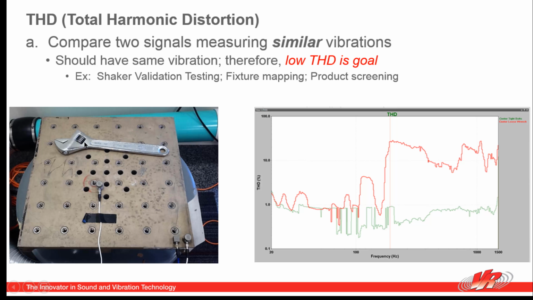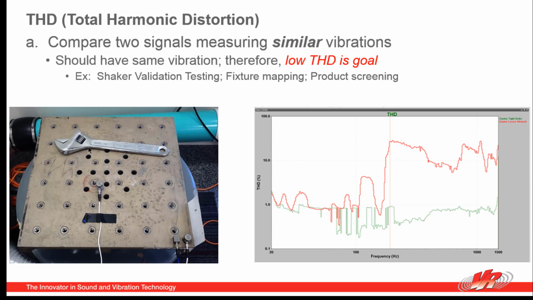But when I put the wrench on the head expander, then the wrench vibrated and bounced around, and that would be analogous to having a loose bolt, let's say. The whole head expander was influenced by that vibration of the wrench, and it was picked up, and the total harmonic distortion was much greater over a certain frequency range than when the wrench was not present.